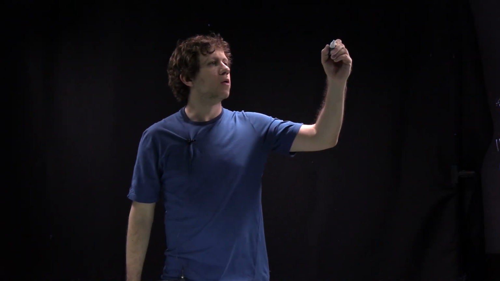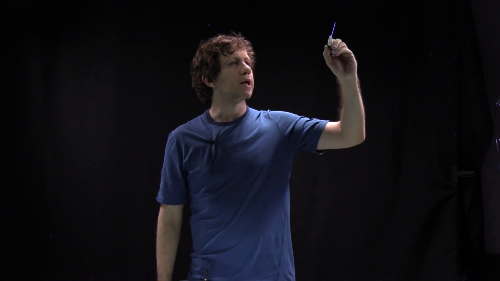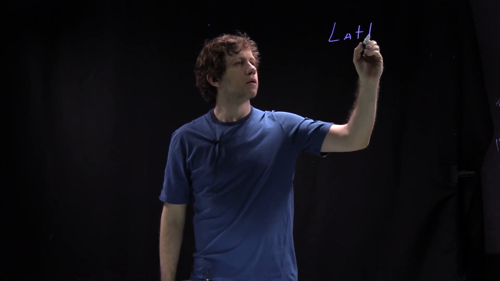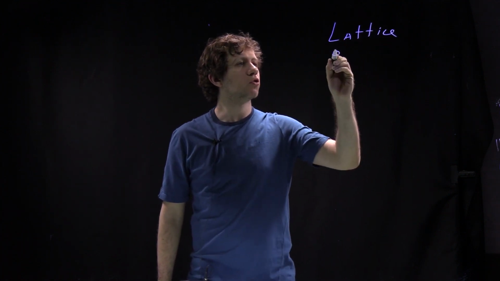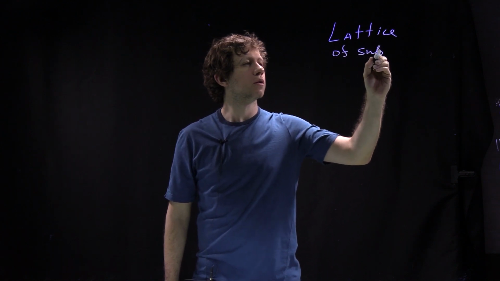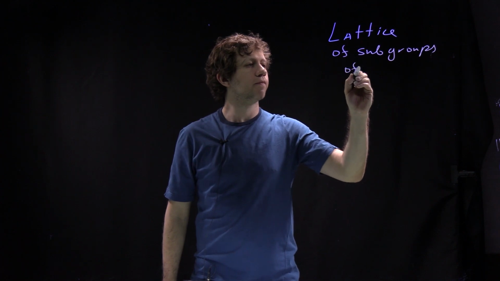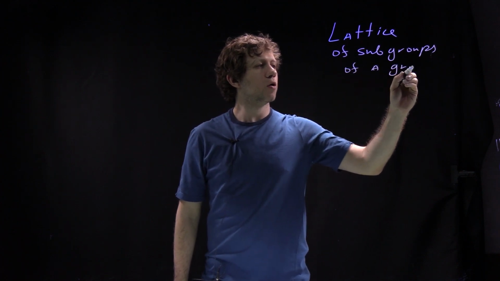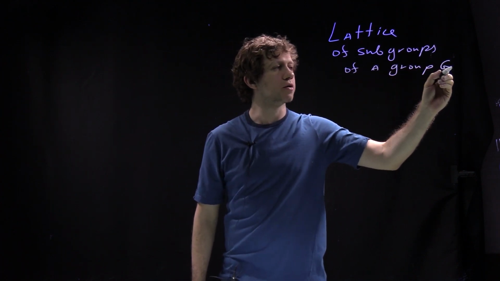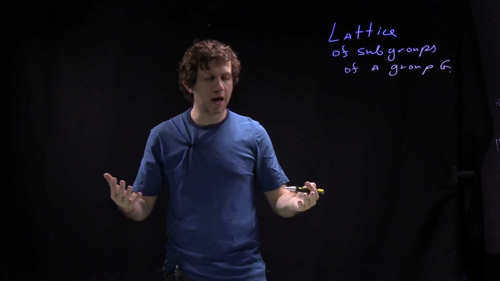Okay, so next let's look at the lattice of subgroups of a group G. So the definition is just you take all subgroups and a partial order.